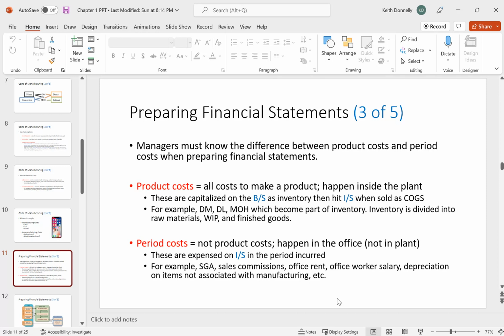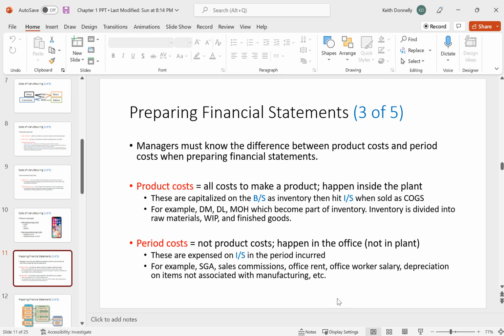But if you remember, with regard to inventory, if you're using GAAP, those generally accepted accounting principles, the rules of financial accounting, they tell you that when you buy inventory, generally you're not going to immediately expense it, right? Instead, what you do if you buy inventory for financial accounting purposes is you're going to capitalize it. In other words, put it on the balance sheet as an asset, as inventory.